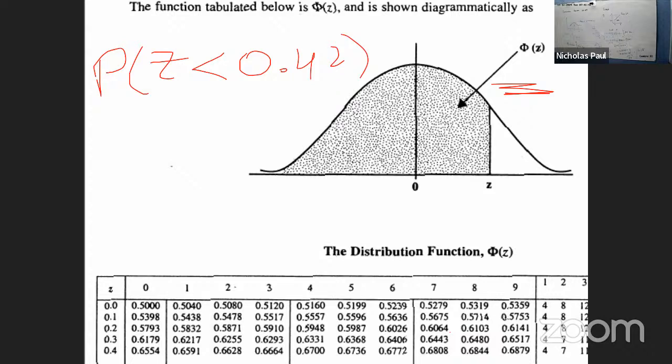I want you to learn to shade and represent that probability on your diagram. So watch this here. This is my normal distribution. This is my 0 mark. So 0.42 has to be somewhere here. I want the probability of less than 0.42. So I want this shaded region.